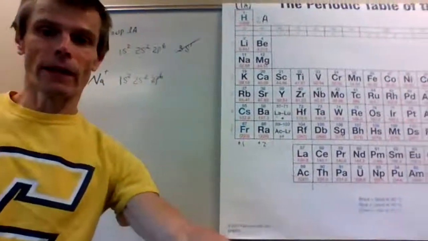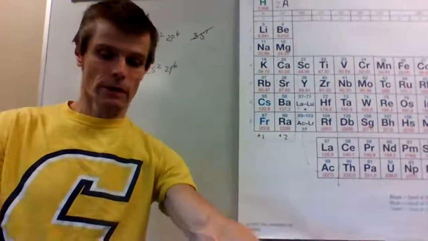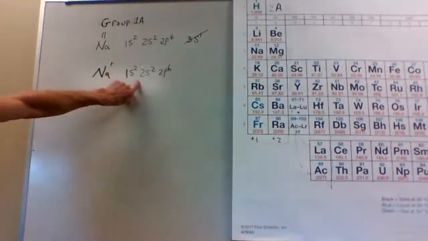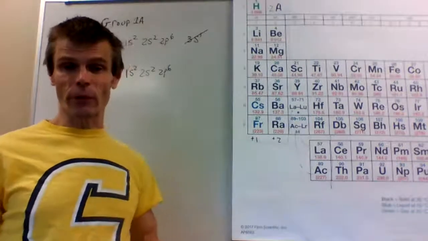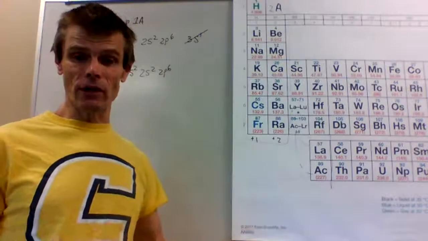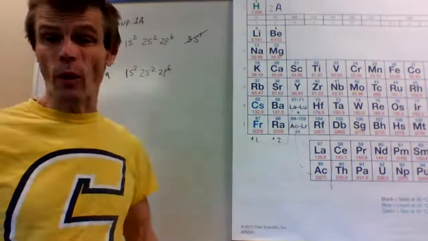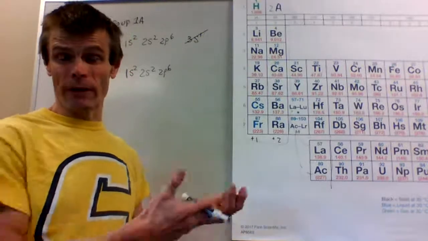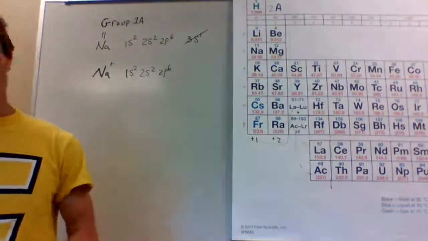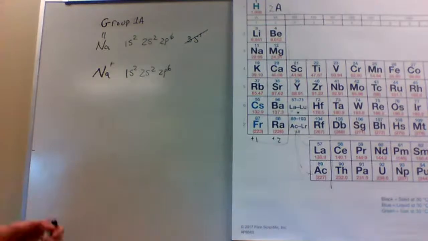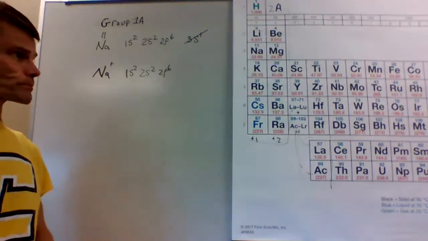Neon would have an electron configuration that's the same as our sodium cation. And now sodium having an electron configuration identical to neon, that's one of the reasons why it forms. It's very stable now in that particularly charged state. So that's what we get for our group 1A alkali metals.